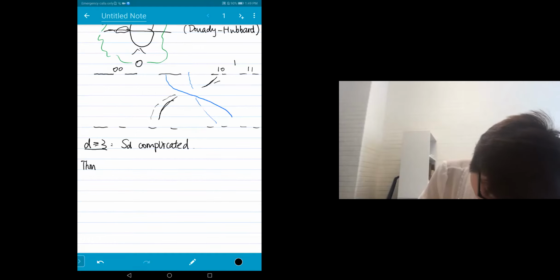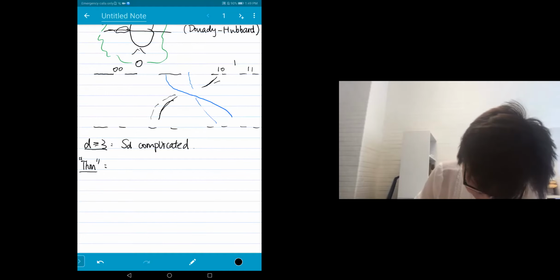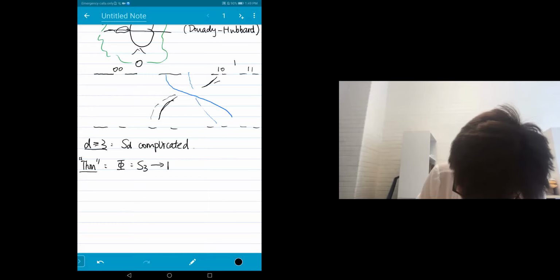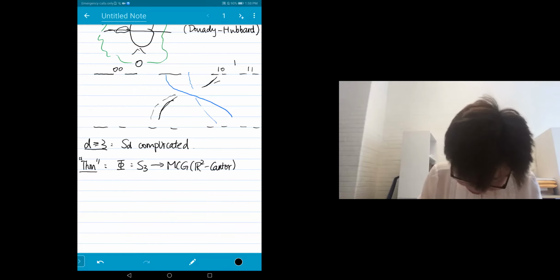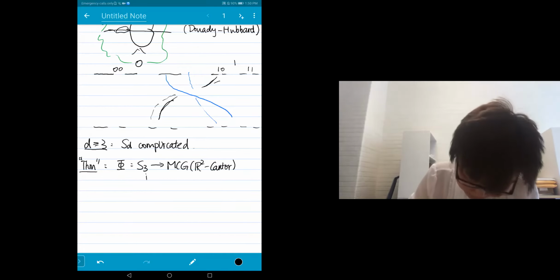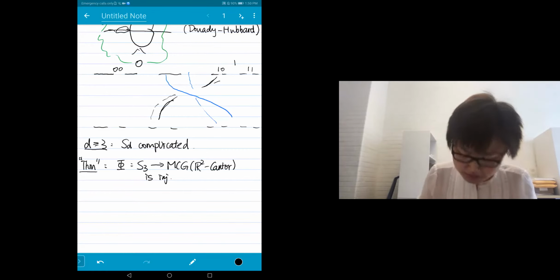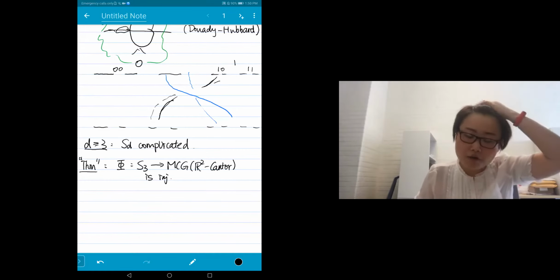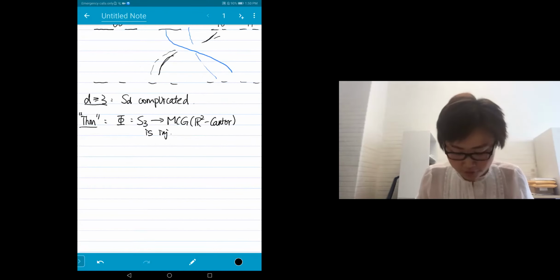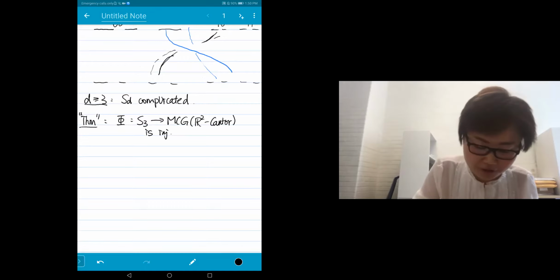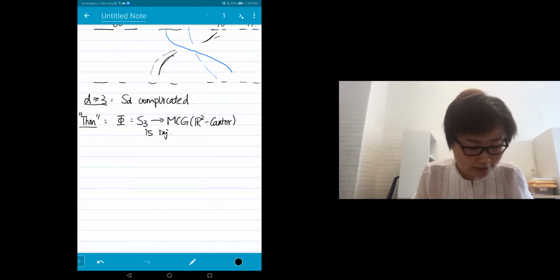I think this is almost a theorem where we prove that this monodromy map, when D equals 3, into the mapping class group of the plane minus the Cantor set, is injective. In general, we think it's injective, but for higher degree it's very hard to compute, as the combinatorics of the shift locus is very complicated.